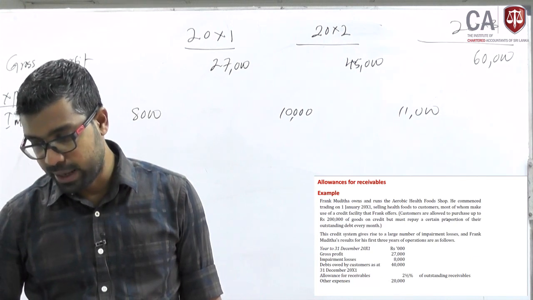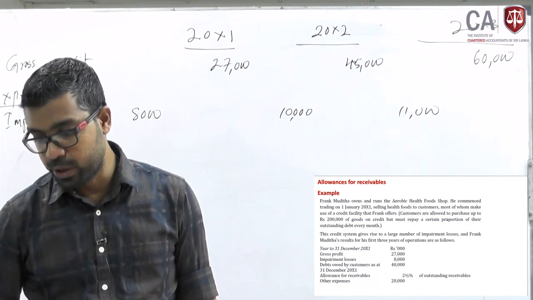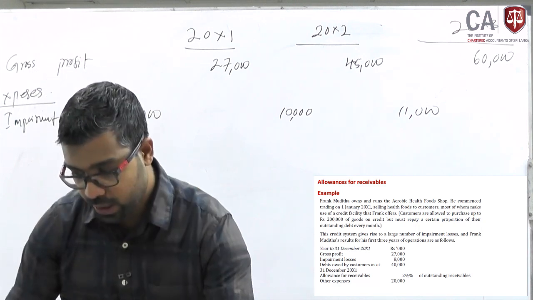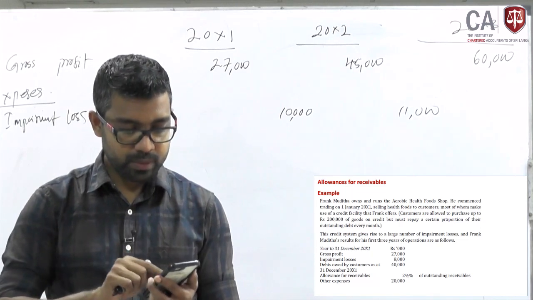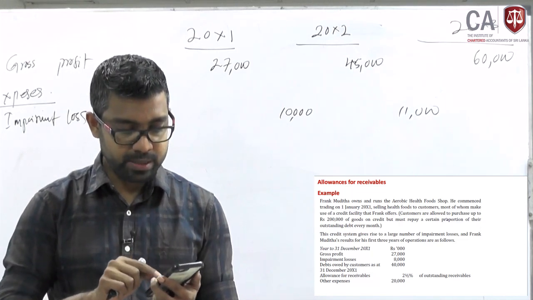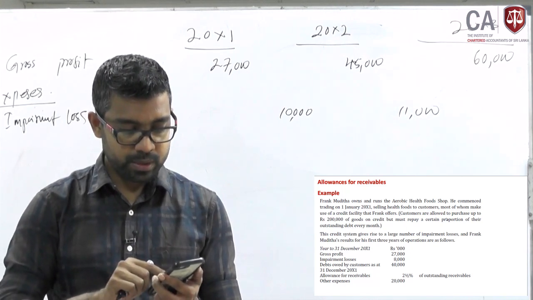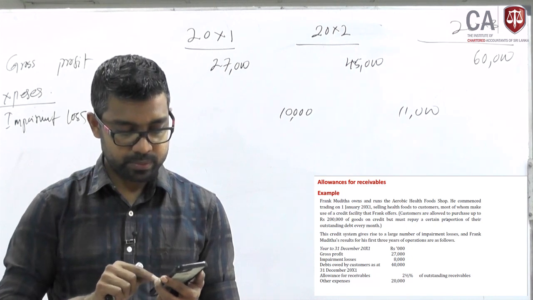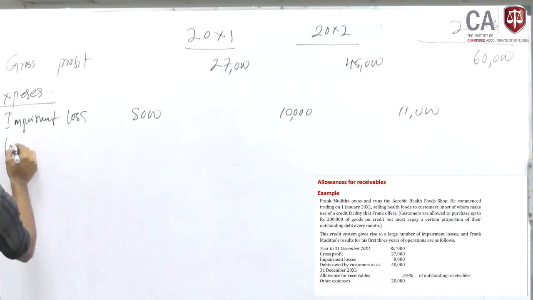Debt owed by the customers at 31st December 2001 is 40,000, out of which the allowance for receivables is 2.5%. So first year, 40,000 outstanding balance, out of that loss allowance for receivables at 2.5%, which is 1,000 loss allowance.